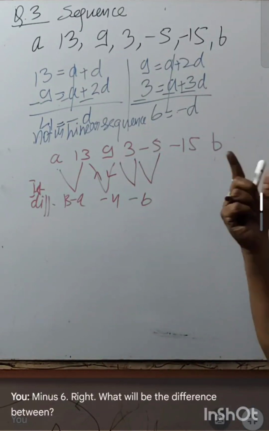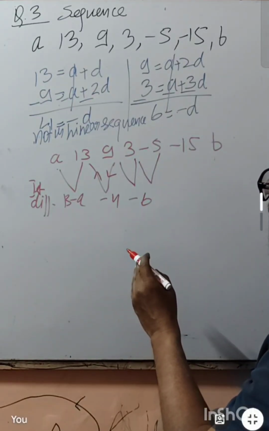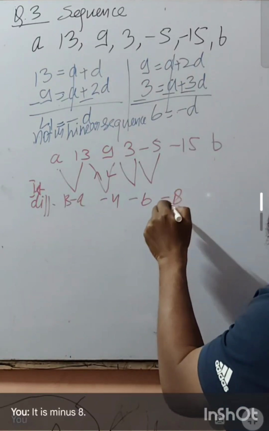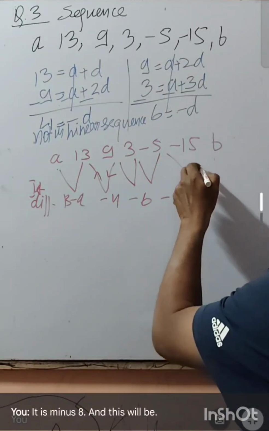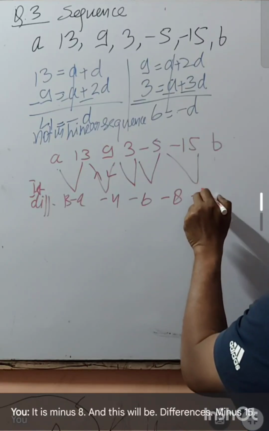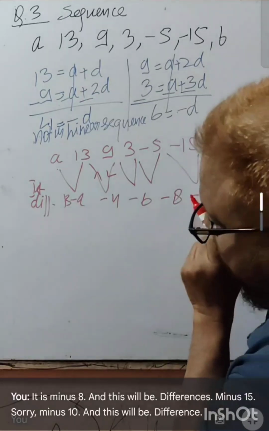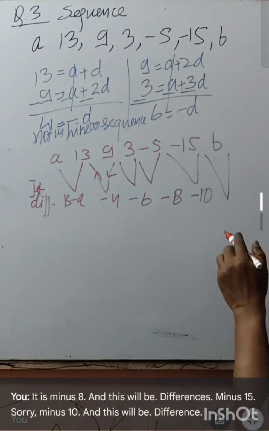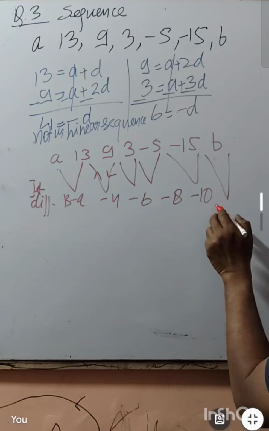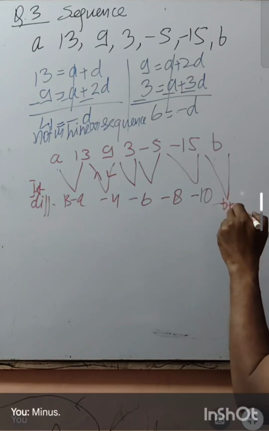What will be the difference between these two? It is minus 8, and this will be, difference is minus 15, sorry, minus 10, and this will be the difference minus B plus 15.